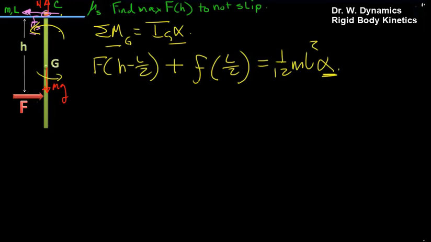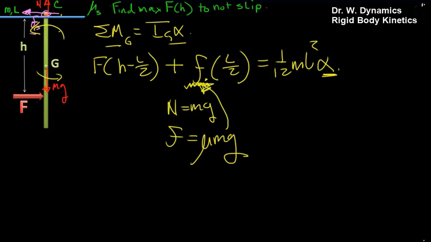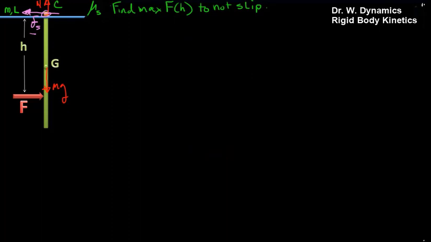And to solve for alpha, we're going to need to extract out this friction force, which, if we look at this in the y direction, I think you can see that the normal will be mg, and the friction force will be mu mg. However, we still end up with a fairly big equation. Let's try a different approach.